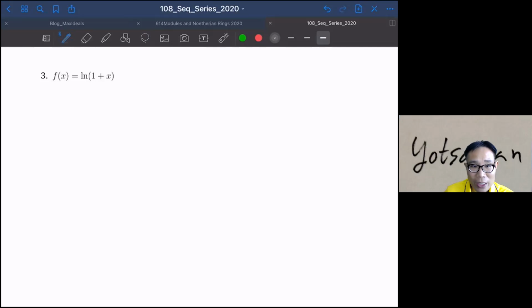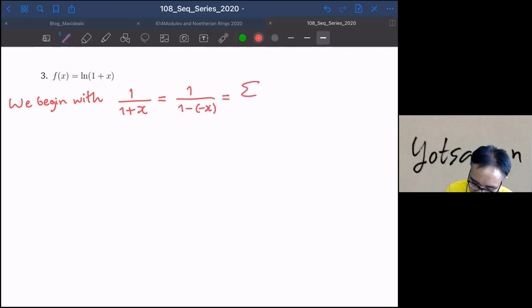The thing that we can do with log is, we must know that, okay, we begin with just 1 over 1 plus x, and 1 over 1 plus x turns out to be 1 over 1 minus (negative x), and this becomes the series n equal to 0 to infinity of negative x to the n. Okay, so it's going to be negative x to the n.